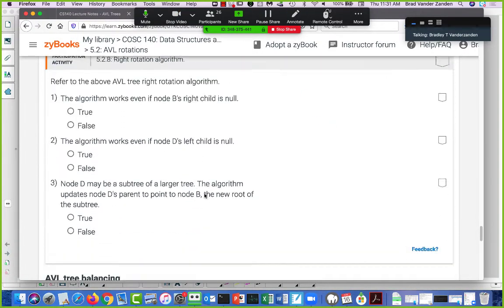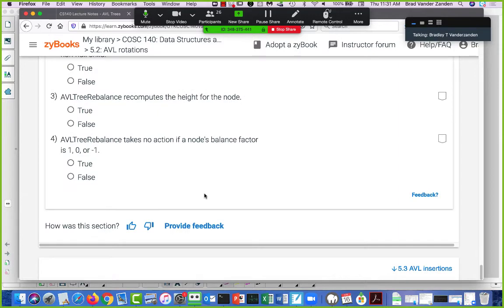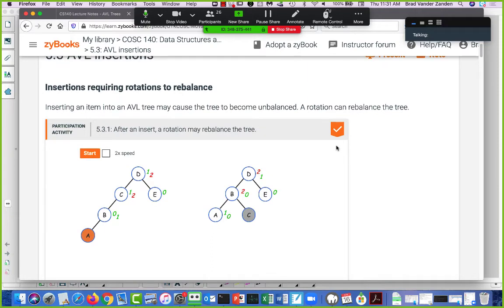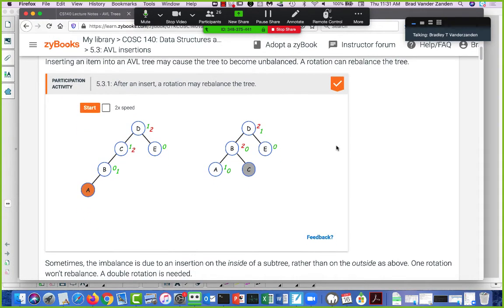Okay, so we're going to move on now to doing inserts and deletes. So we start by doing an insert exactly like we do into a regular binary search tree. Remember that an AVL tree is a binary search tree.